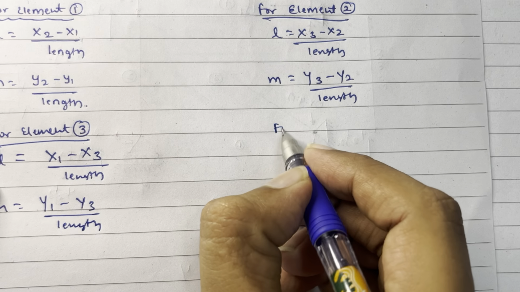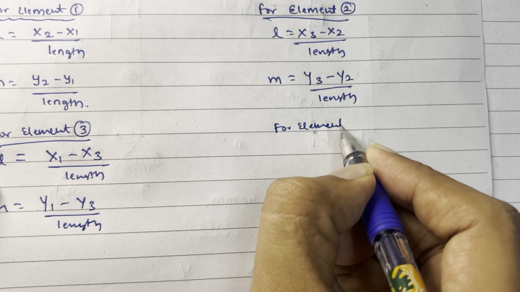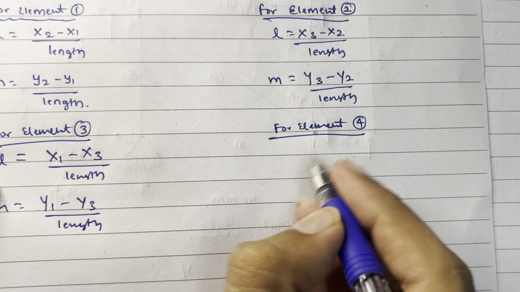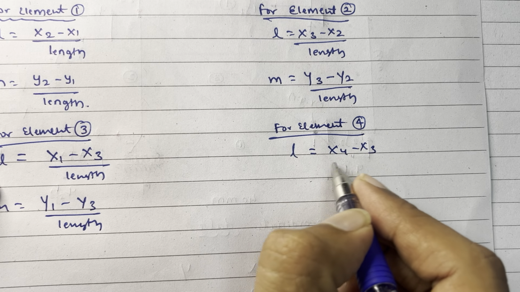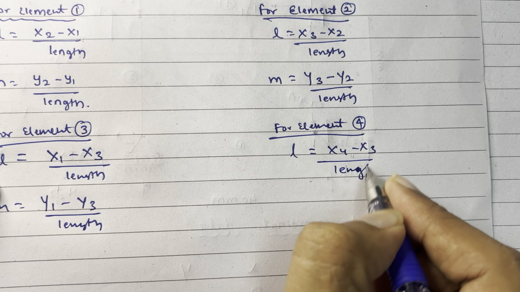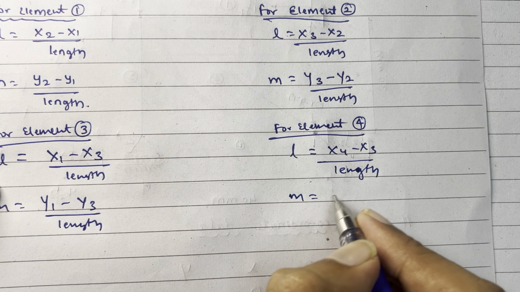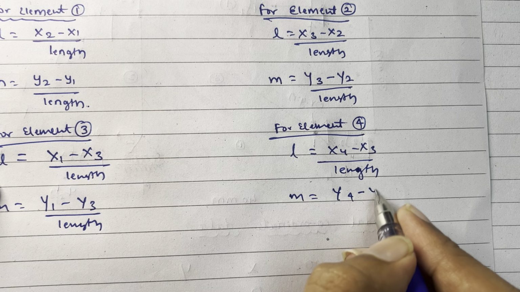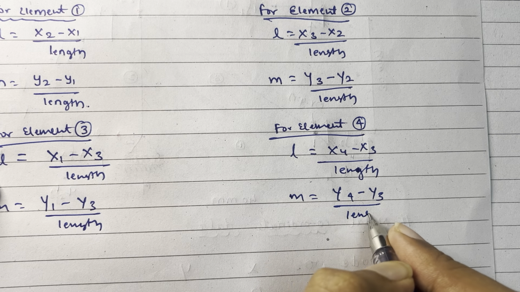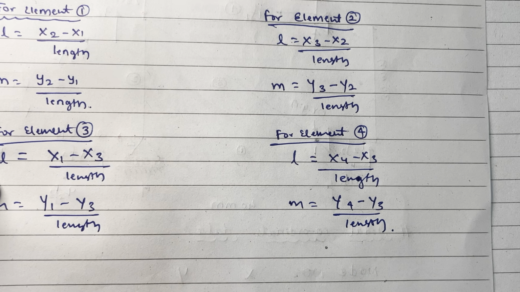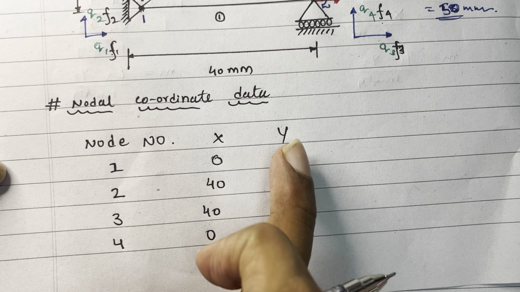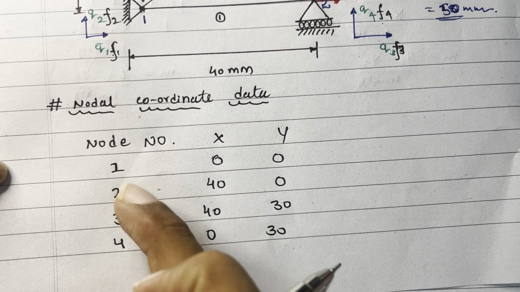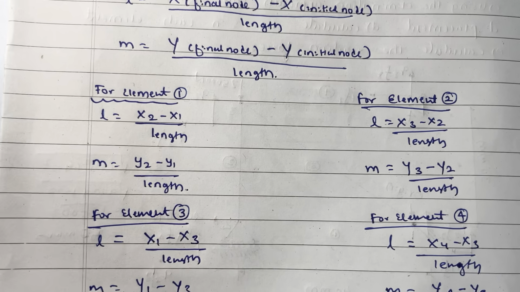For element 4, L is x4 minus x3 divided by length. M is y4 minus y3 divided by length. Now from this table we have to take the x value as well as the y value for each element 1, 2, 3, 4. Okay, now I will substitute the values.